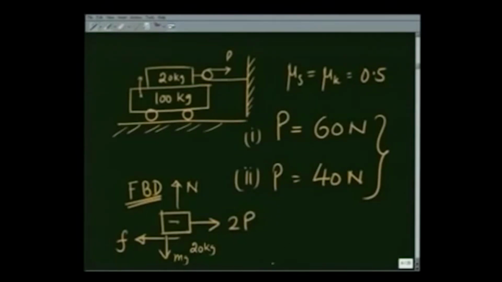Similarly, the free body diagram for the trolley is going to be, there is nothing here. The only force that by Newton's third law is applied on this is the frictional force in opposite direction F.